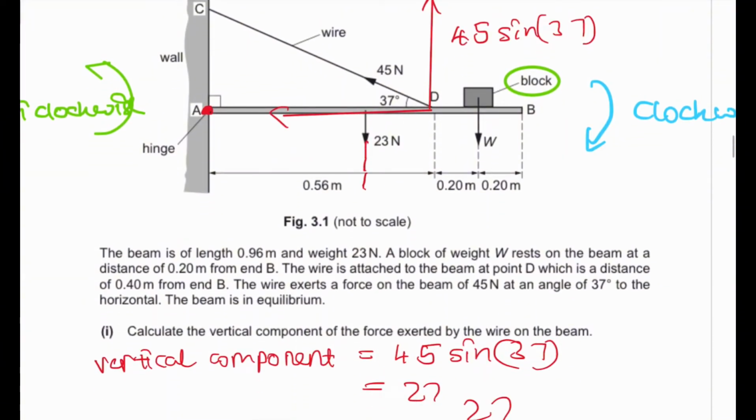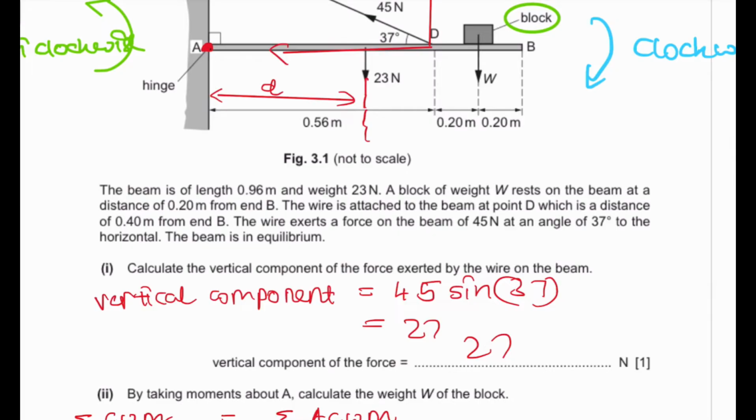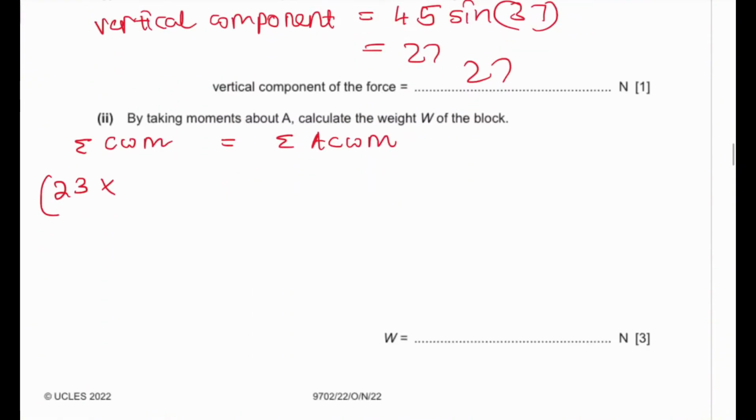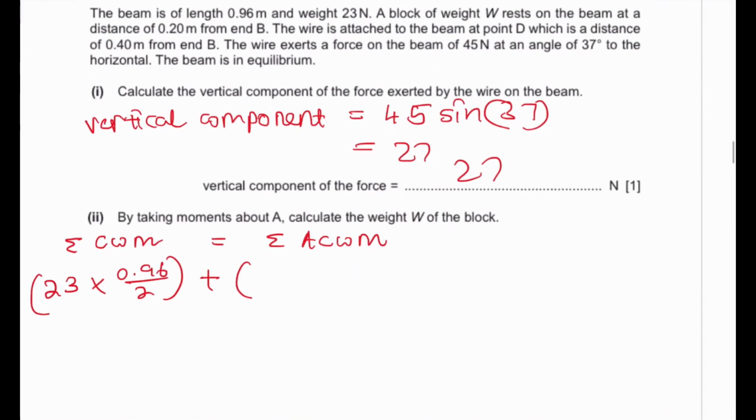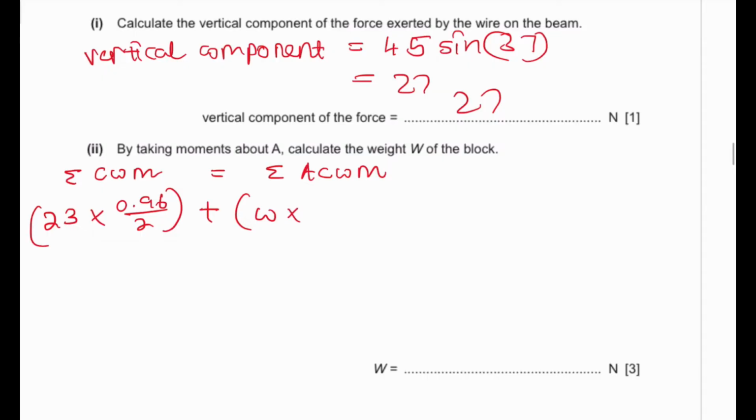If we were to extend this force, we basically need this distance D. But how do you find this distance? Remember, this is a pivot of length 0.96, so at its middle is where we'll find that value. So it's 0.96 divided by 2 plus. Do you have any other clockwise force? We have W, and that's acting at a distance of 0.76.